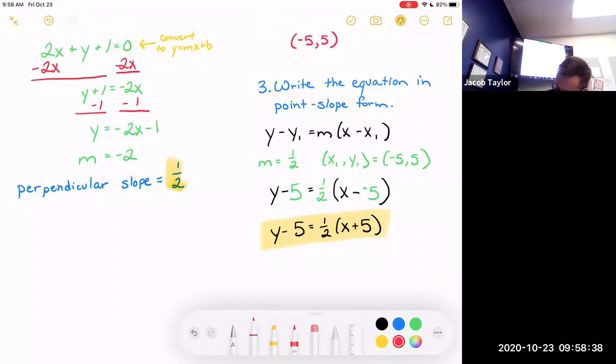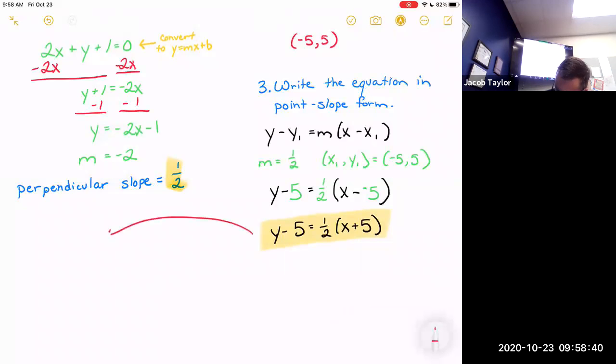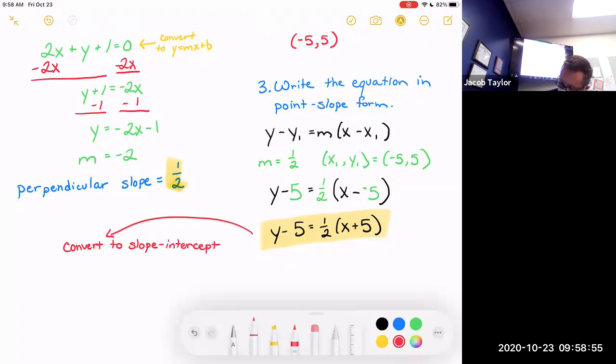Now I can take this equation if I wanted to, and I could convert that to slope-intercept. Wait. Is it gonna be y? We're doing this.